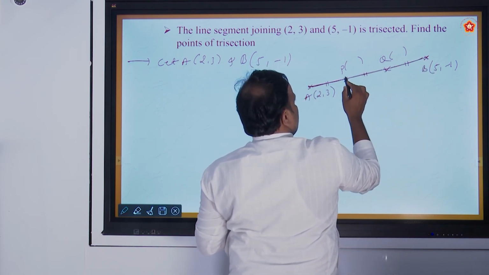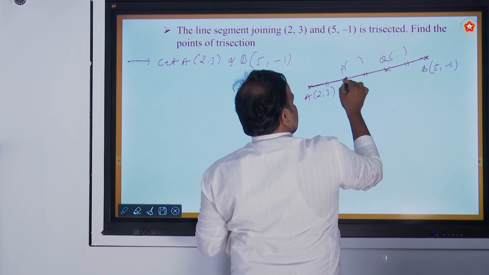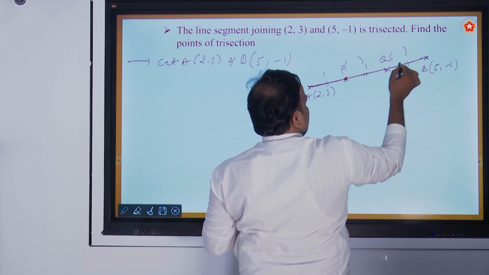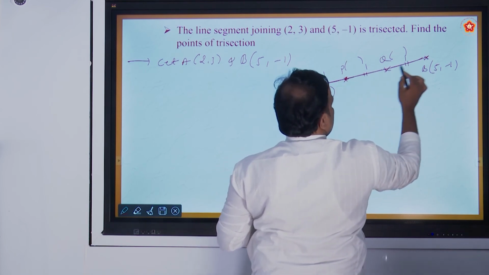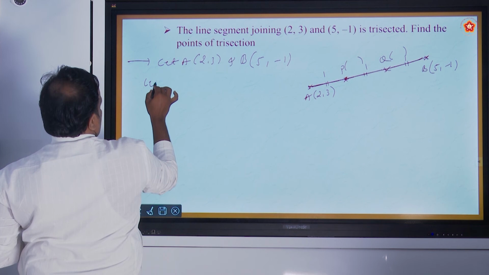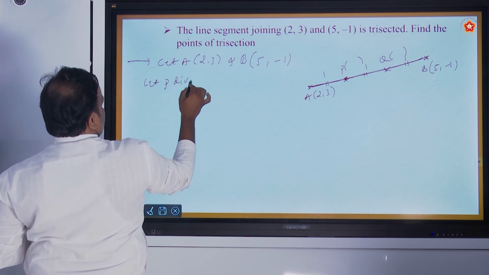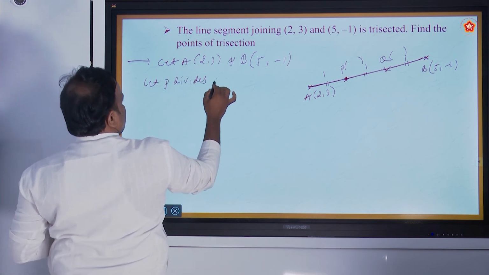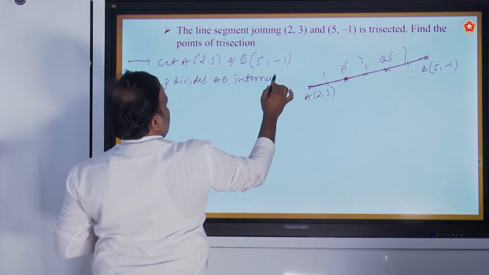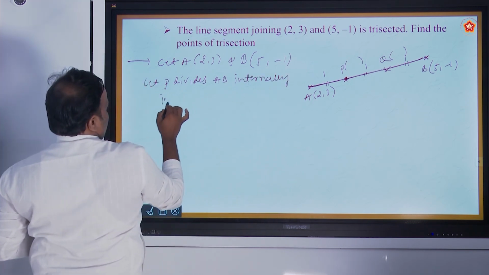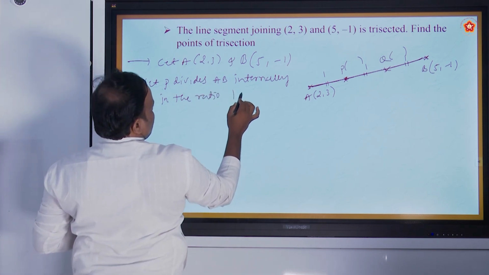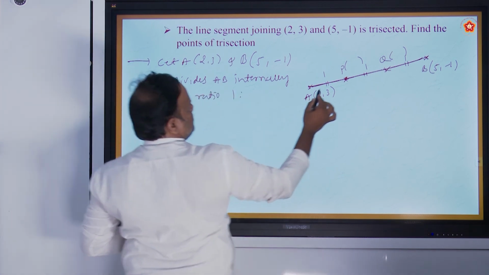Suppose you take this point P. P divides AB internally in the ratio 1:2. This is one part, this is one part, and here it is 2. Let P divide AB internally in the ratio 1:2.